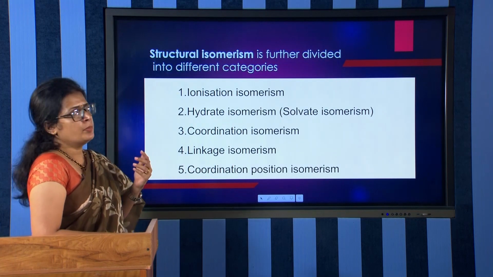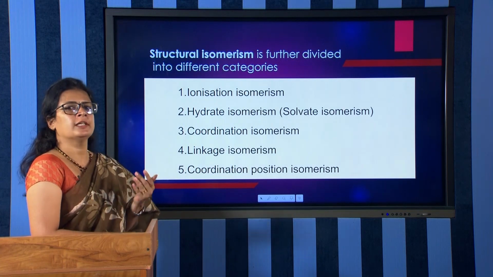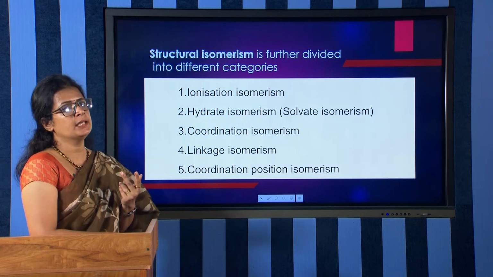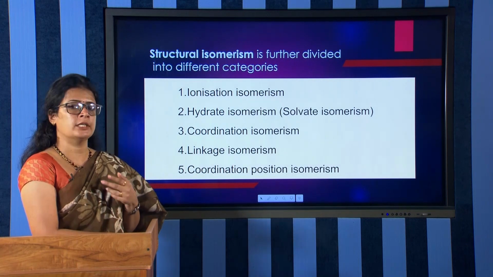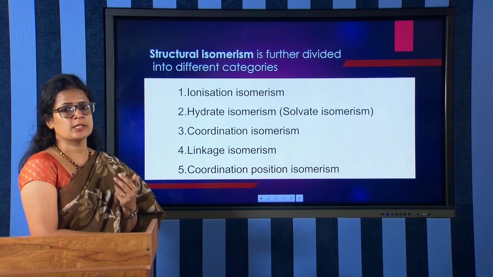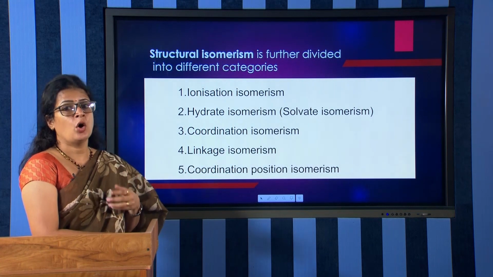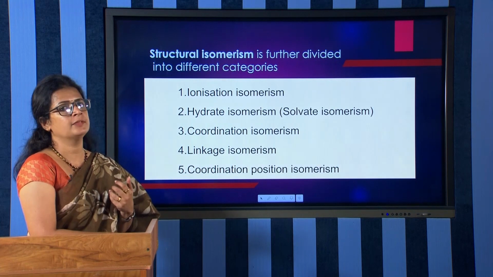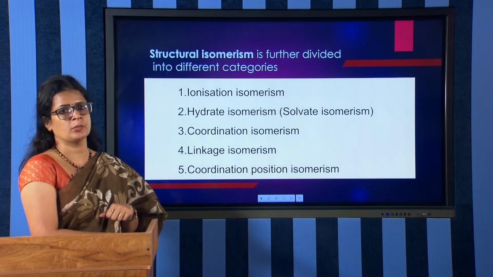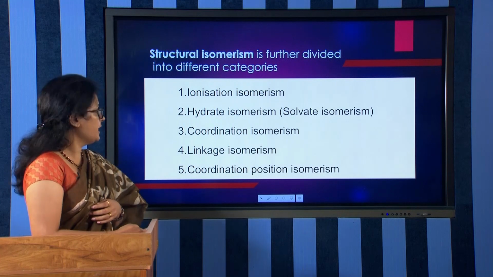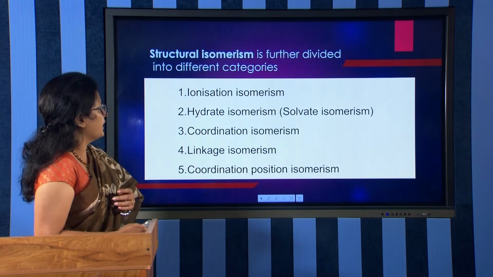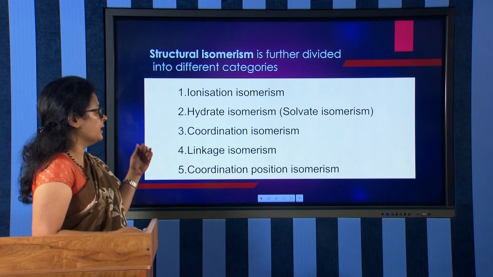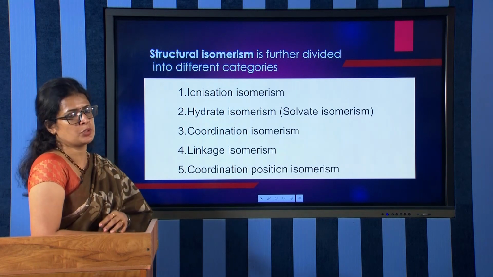Structural isomerism is further divided into different classes. Number one is ionization isomerism. Second is hydrate isomerism, also called solvate isomerism. Third is coordination isomerism. Fourth is linkage isomerism, and fifth is coordination position isomerism. So, these different kinds of isomerism are there: ionization, hydrate, coordination, linkage and coordination position isomerism.